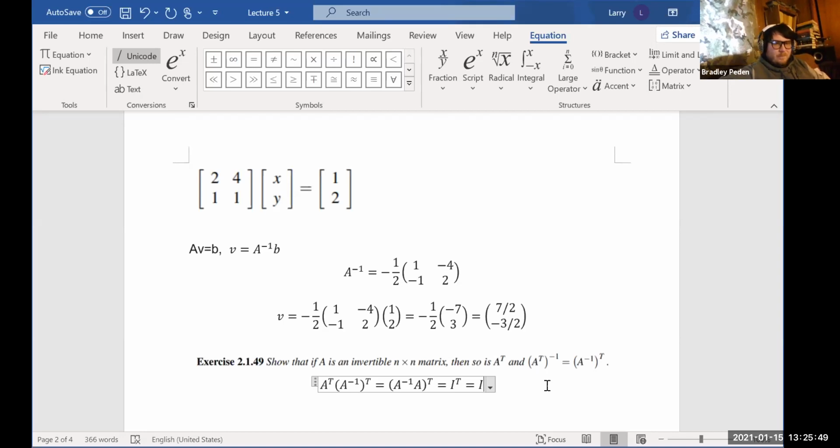I can prove that there is a mouse in my room. You want to see how I can prove it? Have I proven it? I showed you a mouse, right? And that's a proof. So this is kind of like proving that the inverse exists. I found it.